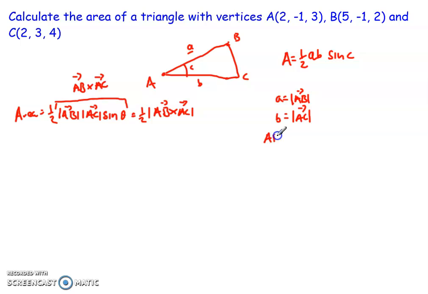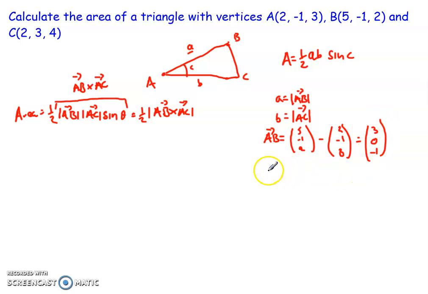So AB, we should know how to do this by now. The position vector from A to B is equal to the position vector for B, given by the point B, minus the position vector for A, given by the point A. So in this case, that's going to be 5 minus 1, 2 take away 2, minus 1, 3. So in this case, it's going to be 3, then 0, because it's minus 1 minus minus 1, and then 2 minus 3, which is minus 1 there.